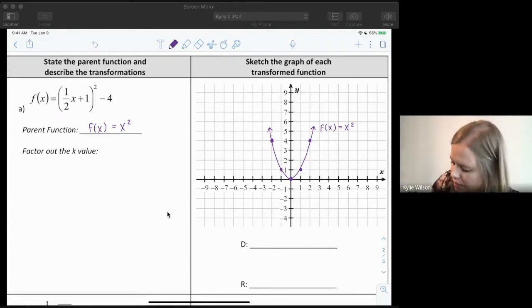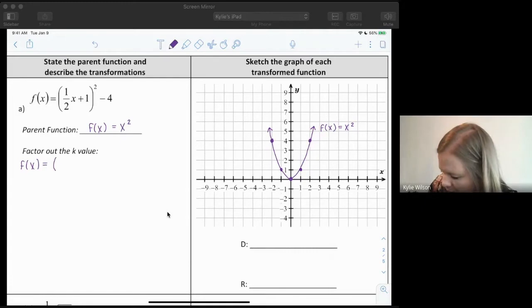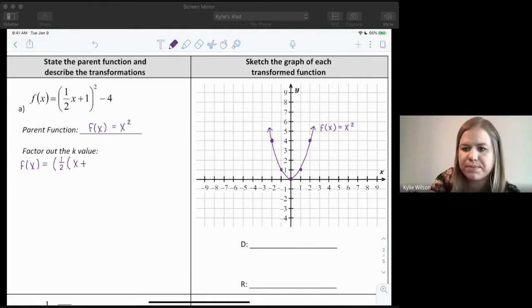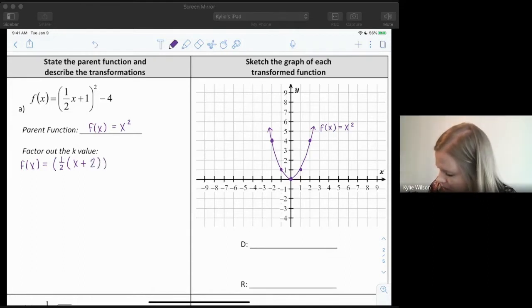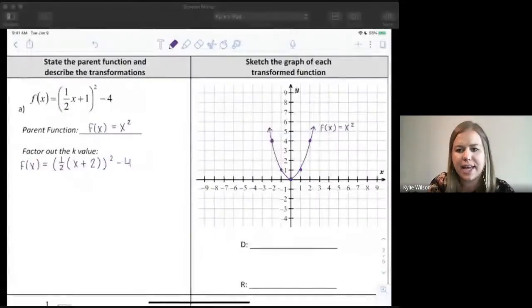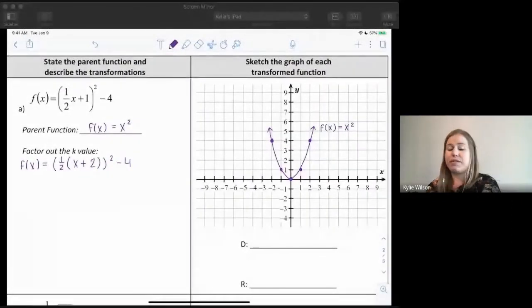So let's do that first. f of x equals, factor out the 1/2, leaves us with (x plus 2) all squared minus 4.